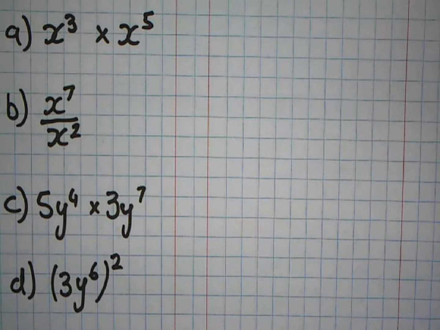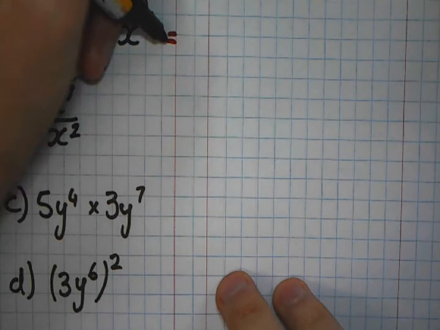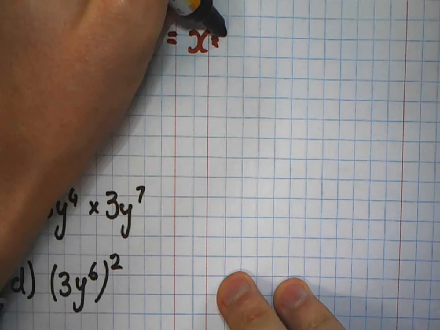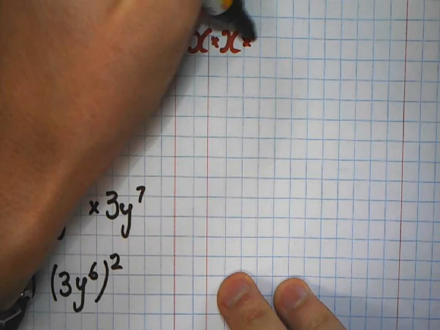What I mean by that is if you think about what x to the power of 3 actually is, it is x times x times x.